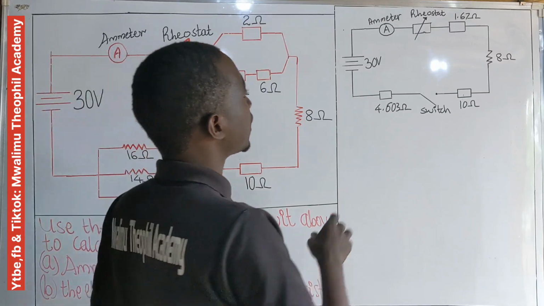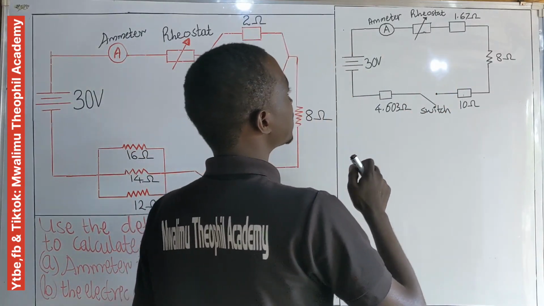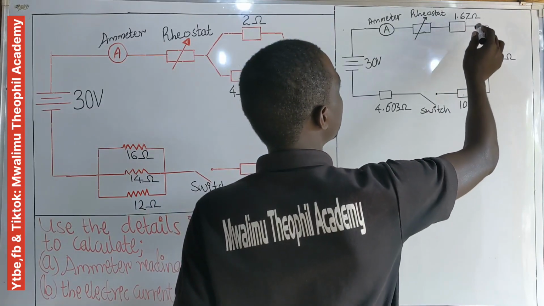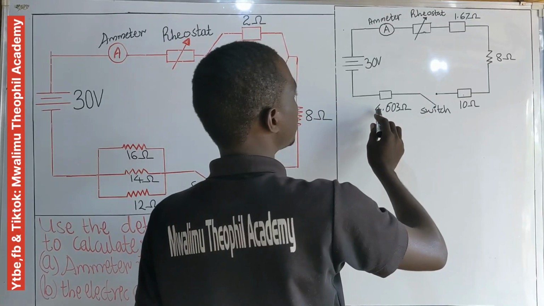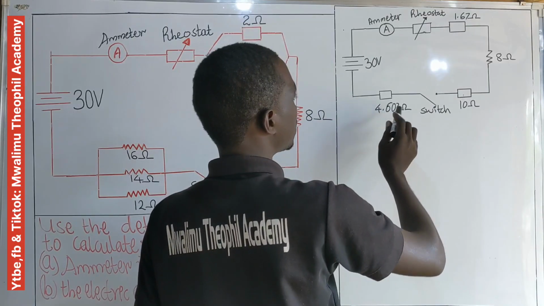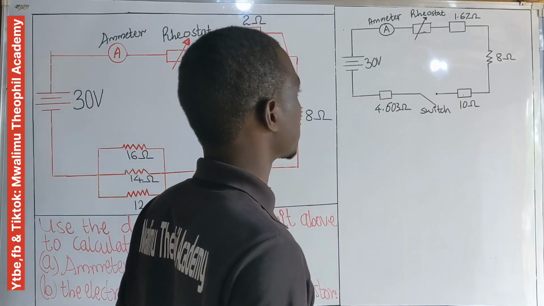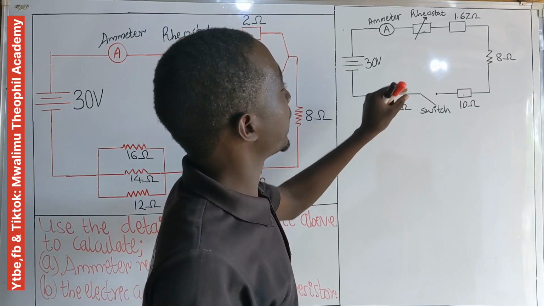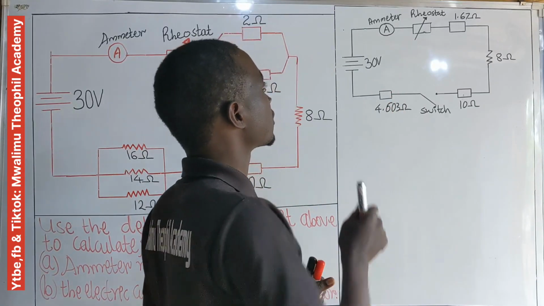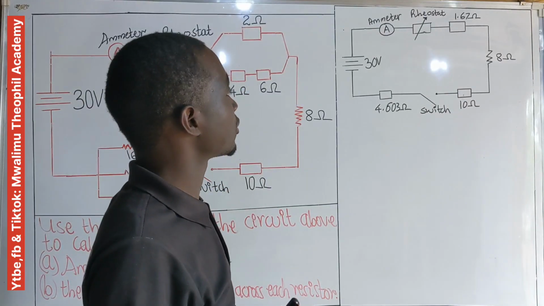Now, when you look at this new circuit, you will notice that all the present resistors, 1.67 ohm, 8 ohm, 10 ohm resistor, and 4.603 ohm resistor, all are now in series. So we are able now to calculate the effective resistance for these resistors when they are in series.